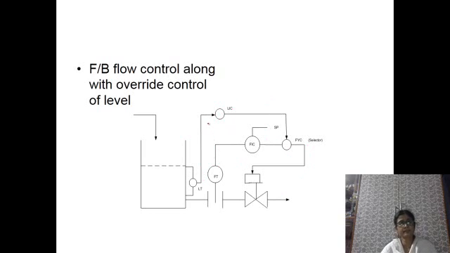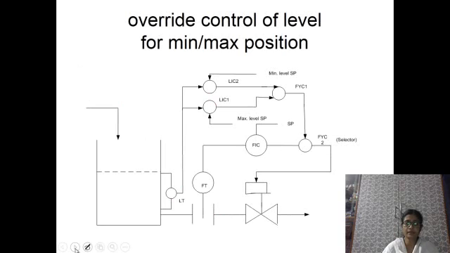There may be another level controller for the lower level also. This is for the upper level. So for the lower level also there may be another LIC, for the minimum and maximum positions. For the maximum position, there is a level 1 controller. For the minimum level, there is a level 2 controller, and there is another selector.